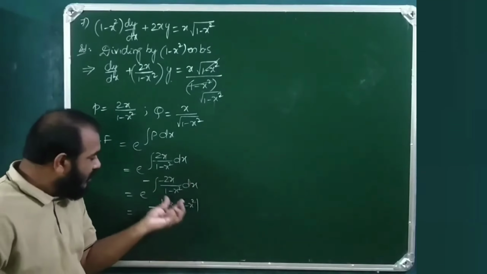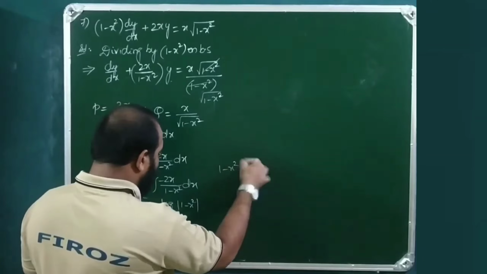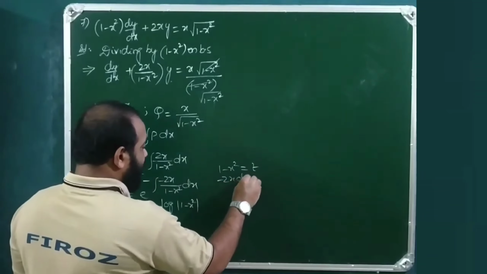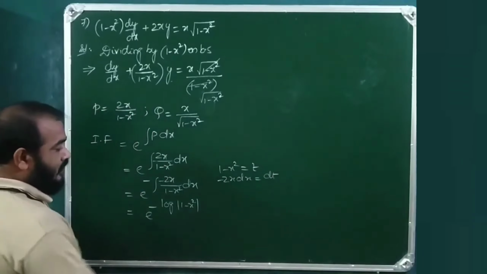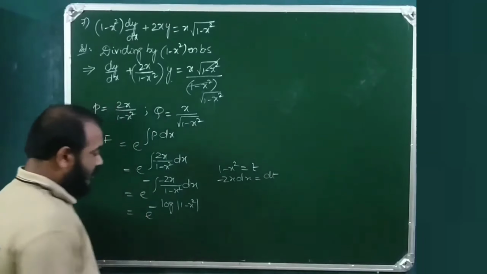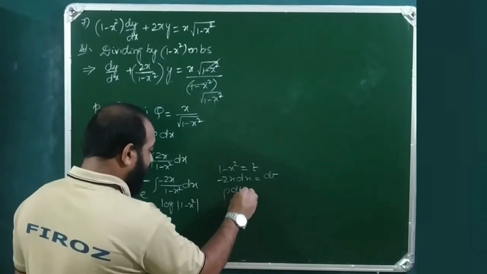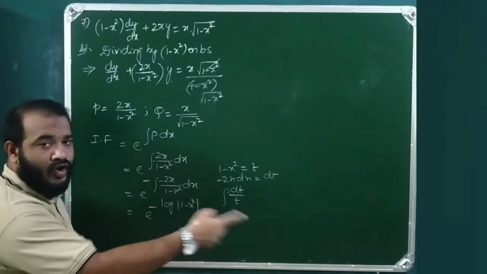Otherwise you may even take 1 minus x square equals t. So minus 2x dx equals dt. Therefore dt by 1 minus x square is t, 1 by t dt is log t.